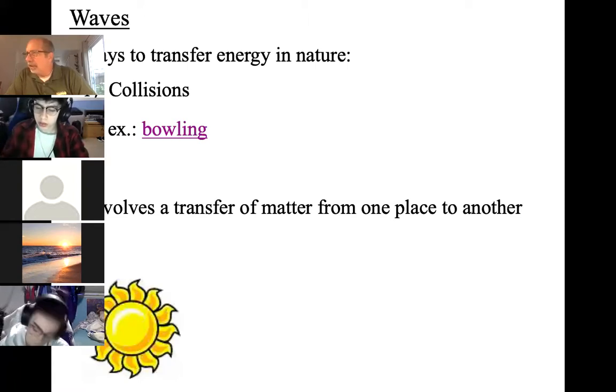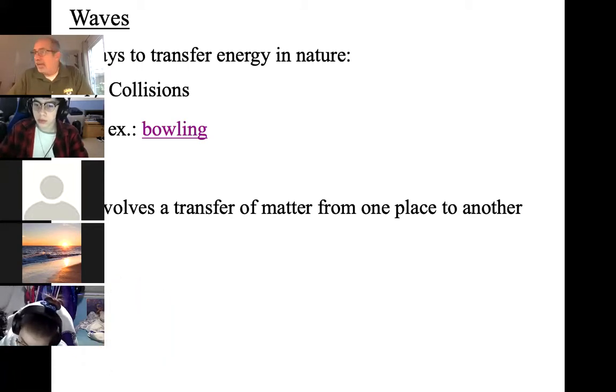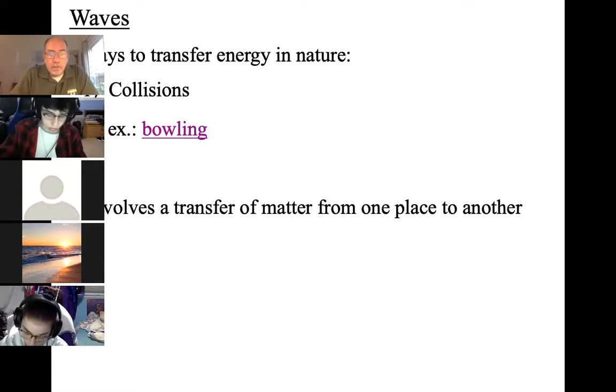If the sun transferred energy to us via collisions, what would happen to the sun? Anybody want to guess? It wouldn't explode so much as it would get smaller. Yeah, it would basically evaporate. And it wouldn't take all that long either.